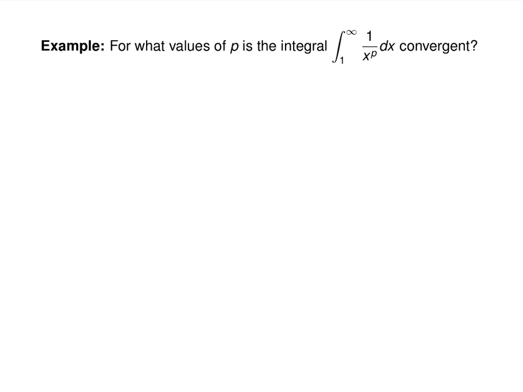So we have a few cases. When you anti-differentiate 1 over x to a power, you can use the reverse power rule as long as that power is not 1, right? When the power is 1, it's a bit special because the antiderivative of 1 over x is natural log. So we're going to handle this in 3 cases. Case number 1 is that p is equal to 1.